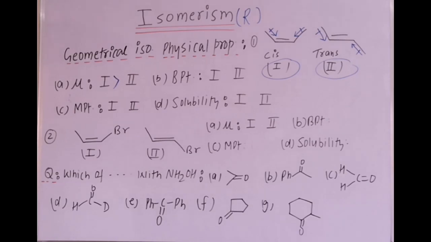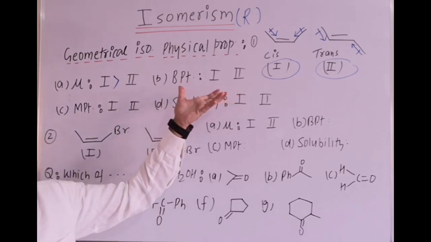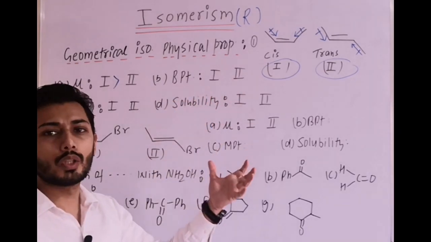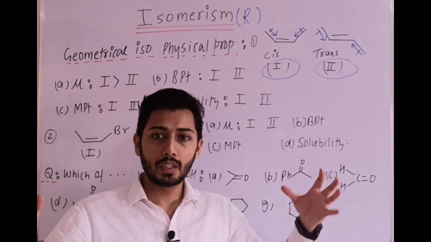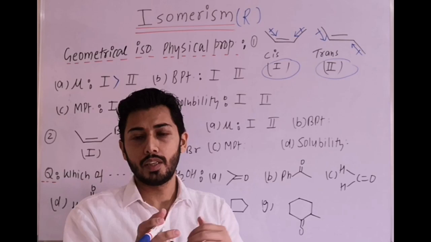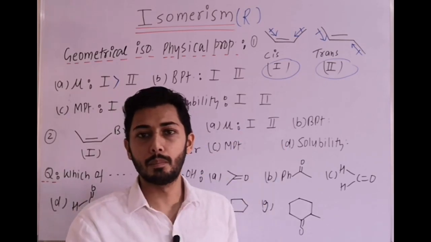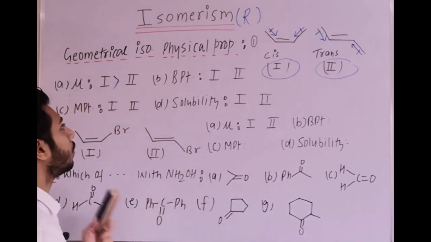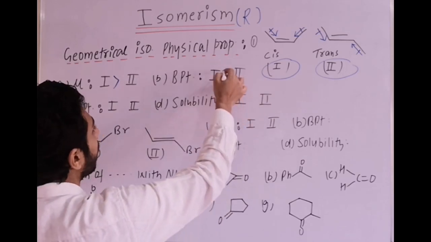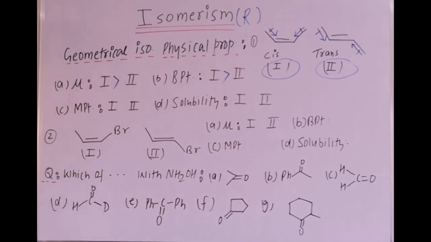Now generally boiling point is directly proportional to mu, because more is the dipole moment, more is the polarity of the molecule, more will be the intermolecular force of attraction, and hence more will be the boiling point. So we can compare in this example that the first should be more than the second. Why? Because generally boiling point is directly proportional to mu.